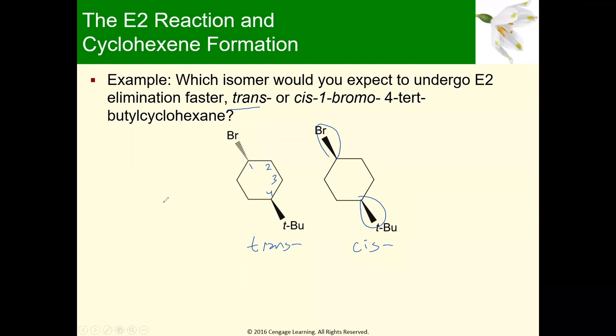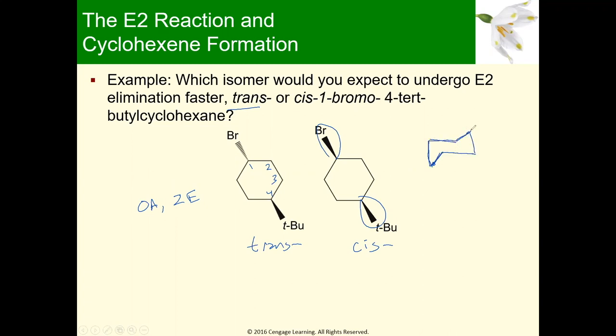But remember that this one has 0 axial and 2 equatorial, and so it's not going to have the setup that we need for the anti-periplanar arrangement. But this one might. Let's see if this one does. Again, let me draw a cyclohexane. I've got to refresh my cyclohexane drawing skills here.